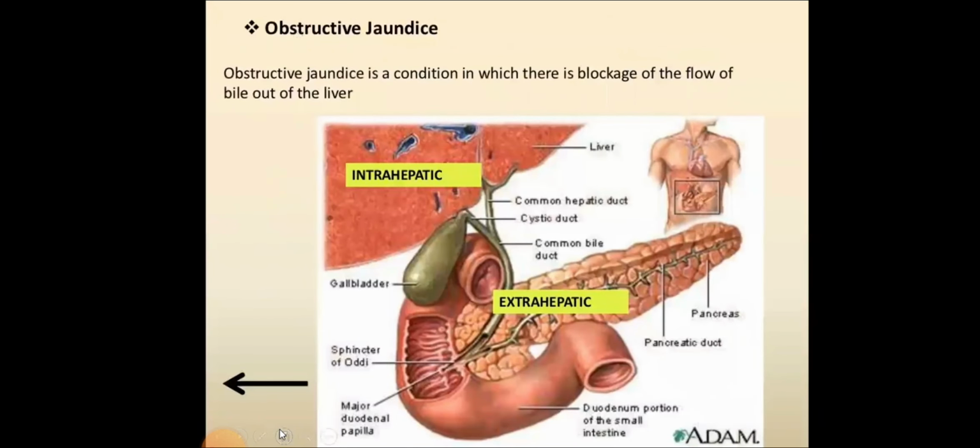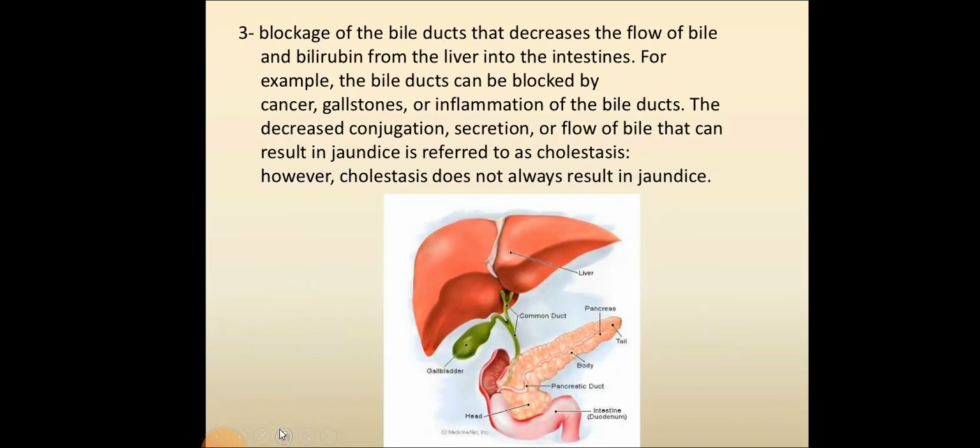And the next cause you can guess, that is the obstructive cause, that is blockage of the bile ducts that decreases the flow of bile and bilirubin from the liver into the intestines. So these are the causes: prehepatic, hepatic, and obstructive.